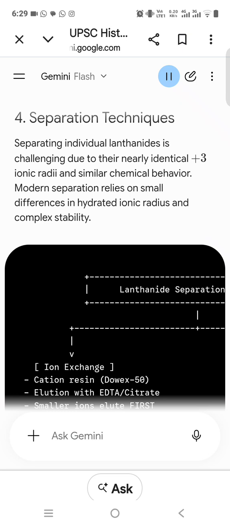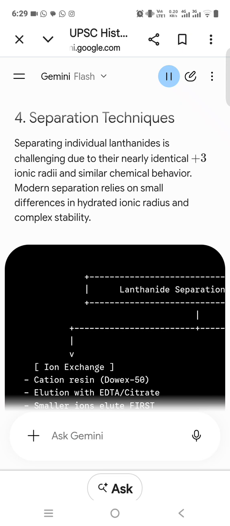An eluting agent containing a complexing ligand like EDTA or alpha-hydroxyisobutyrate is passed through. Principle: smaller Ln³⁺ ions, e.g., Lu³⁺, have higher charge density, form more stable complexes with EDTA, and are eluted first. Larger ions, e.g., La³⁺, elute last.